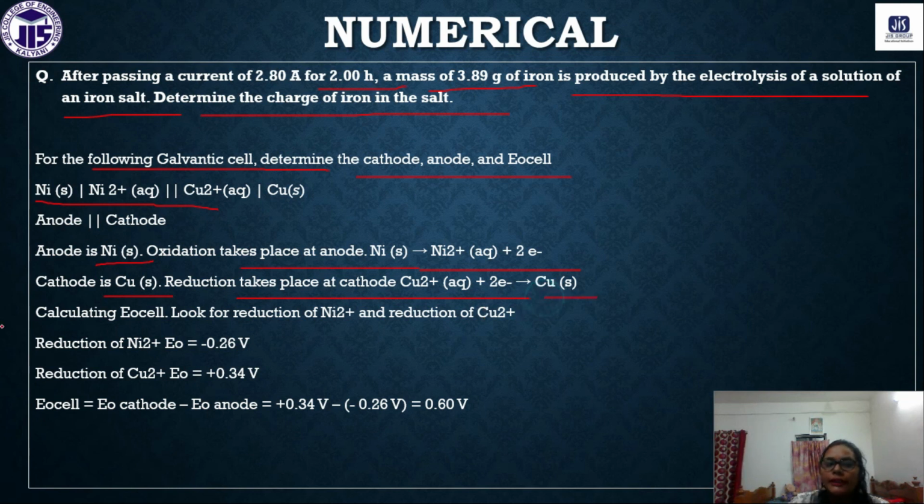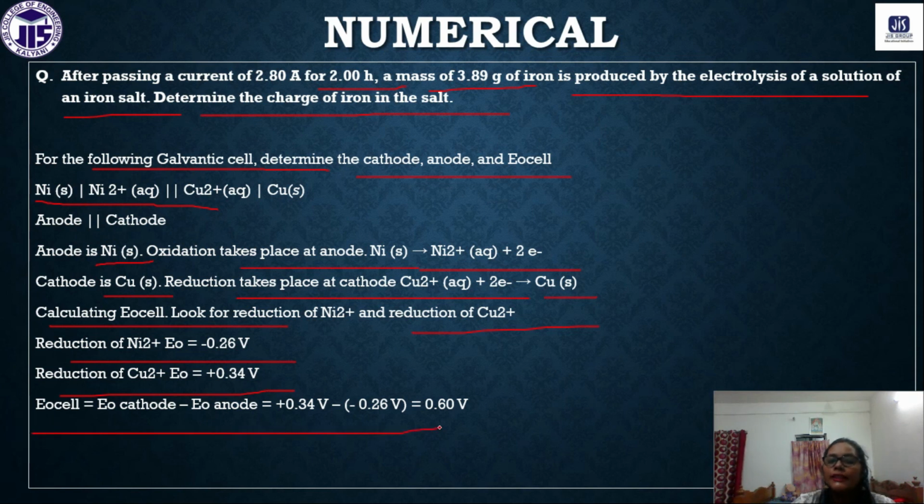Now calculating the E0 cell, we look at the reduction of Ni plus 2 and reduction of copper plus 2. The reduction potential of Ni plus 2 is minus 0.26 volt, and the reduction potential of copper plus 2 is plus 0.34 volt.